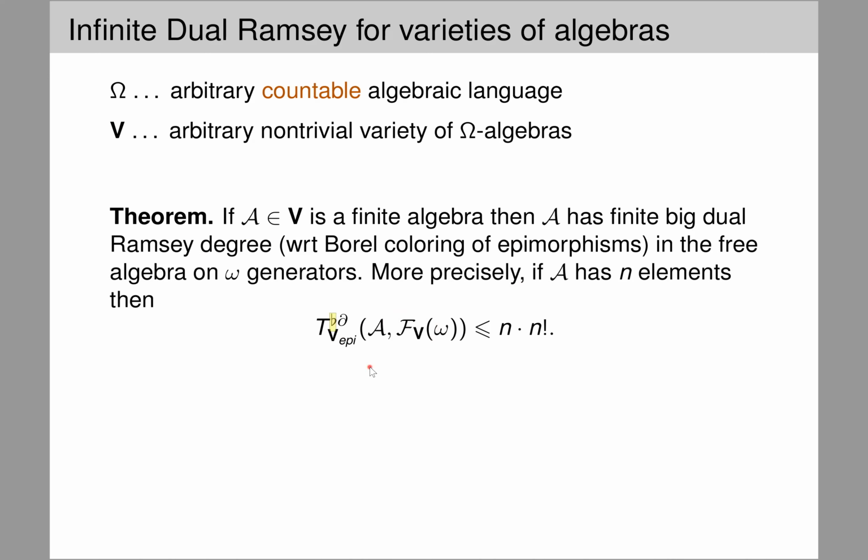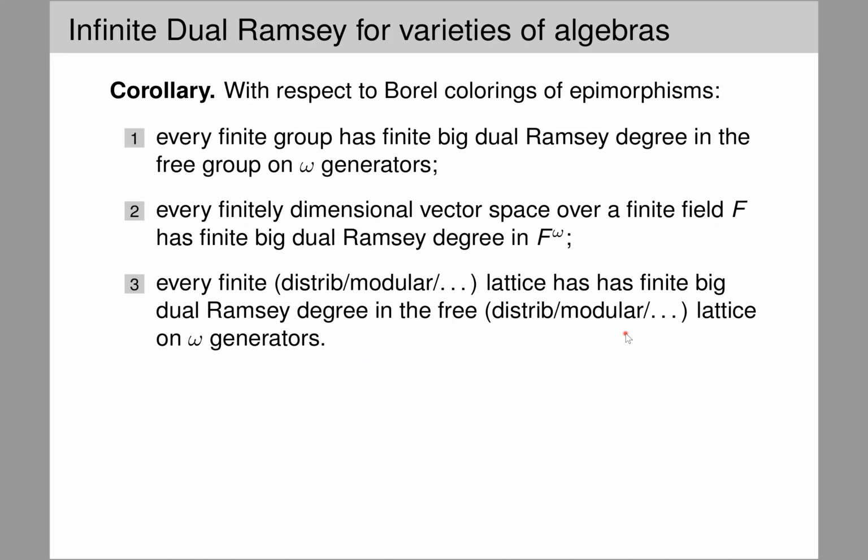So if we consider only Borel colorings, every finite algebra has finite big dual Ramsey degree in the free algebra on omega generators. And actually we can estimate the degree. It's n times n factorial, where n is the size of the finite algebra. So this estimate is very rough, but interestingly, we can actually provide an estimate of this Ramsey degree.